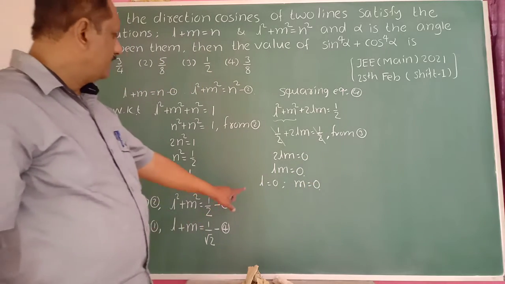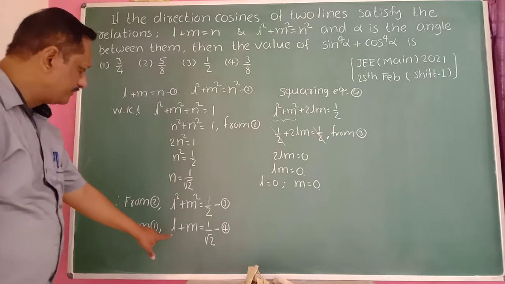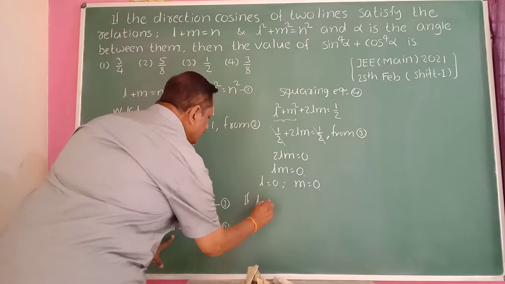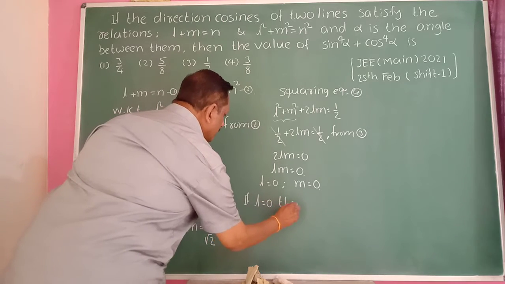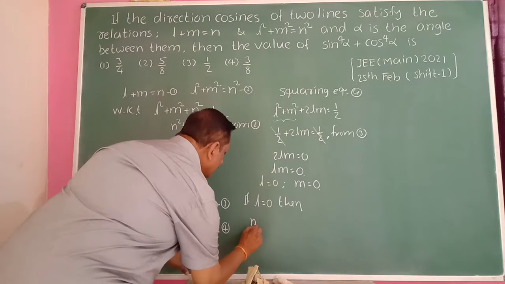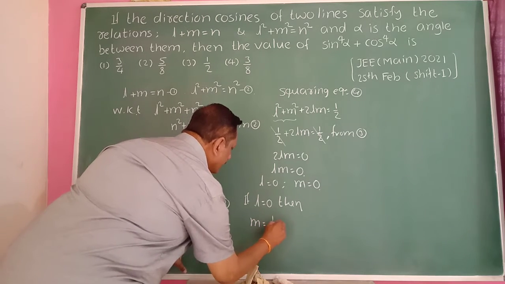Suppose the l value is 0. Substitute in equation 4. If l = 0, then m = 1/√2.